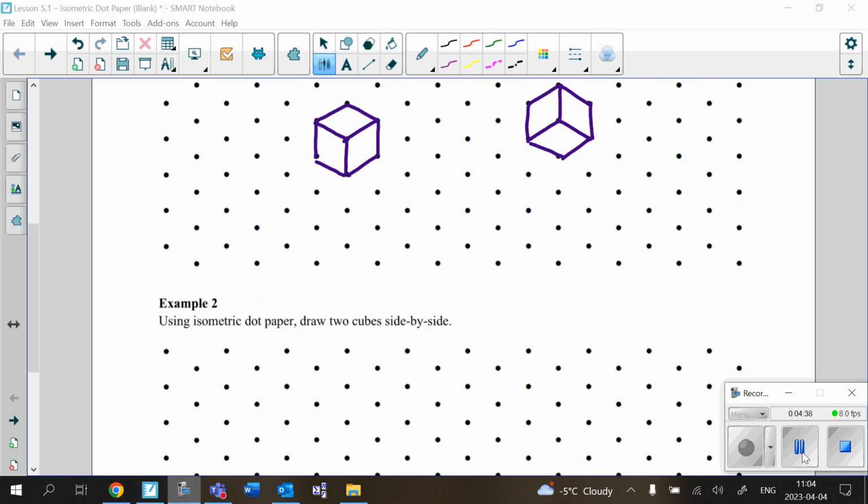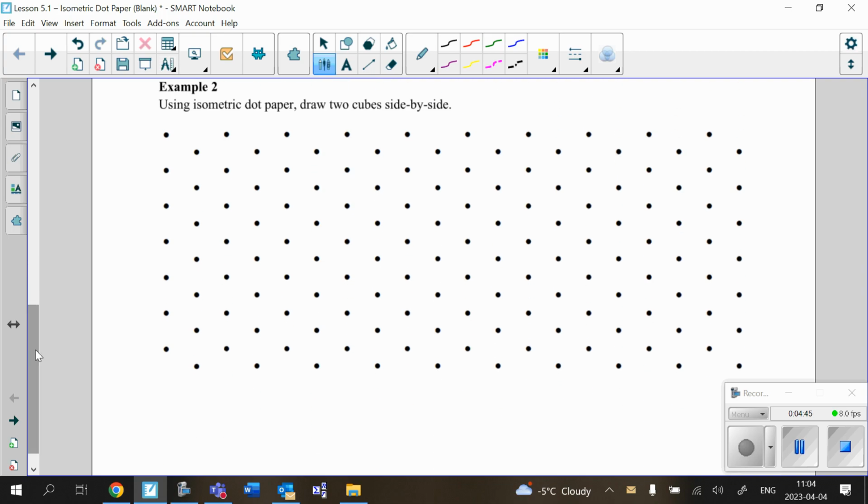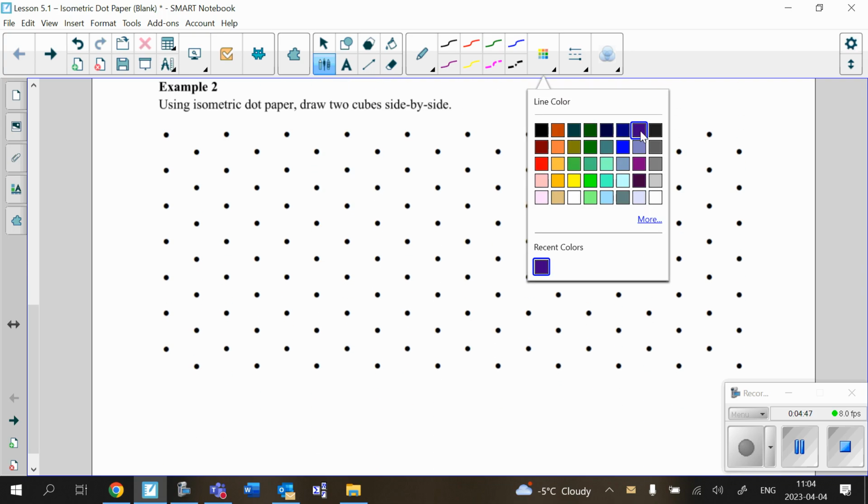So one way we could draw it is just draw our cube. Usually, most people draw a cube looking at it from above. It's a little bit harder to draw from below. I mean, it's still correct. So I'm going to draw a cube looking at it from above.